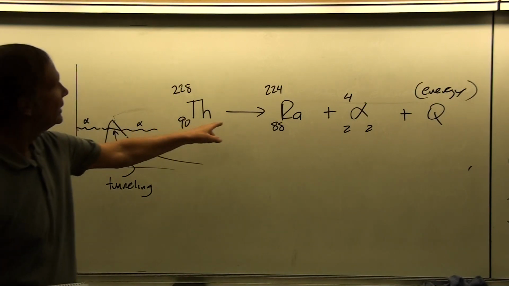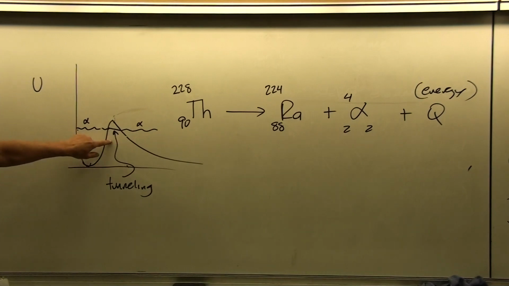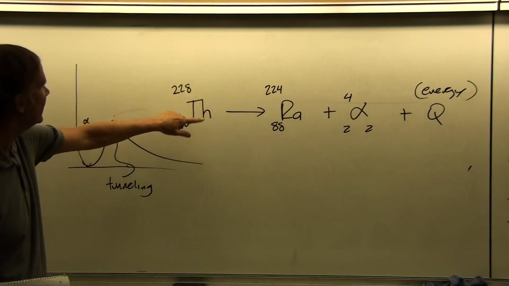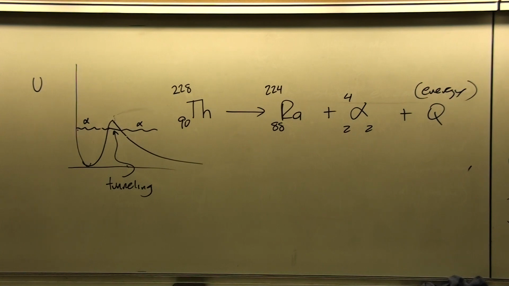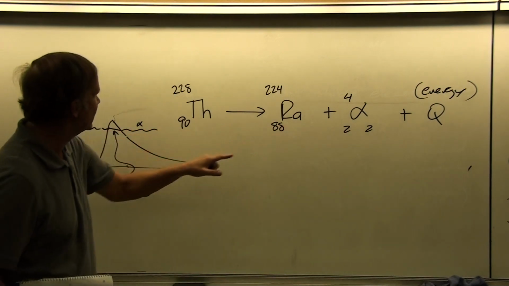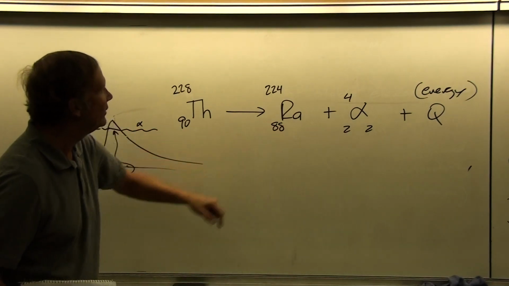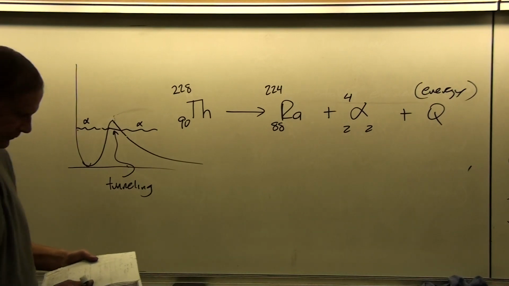This wouldn't happen if it weren't for tunneling. Here we've got the alpha particle trapped in this nuclear energy state associated with the thorium nucleus, and then it escapes, and the radium is left over.